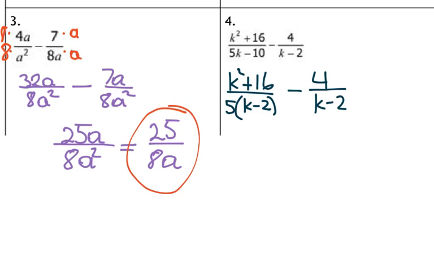So right now I notice that both denominators have k minus 2, but the first has 5. So I need to multiply the second fraction by 5 to have the same denominator. So remember, when you multiply a fraction by a constant, you need to perform that operation in both numerator and denominator.